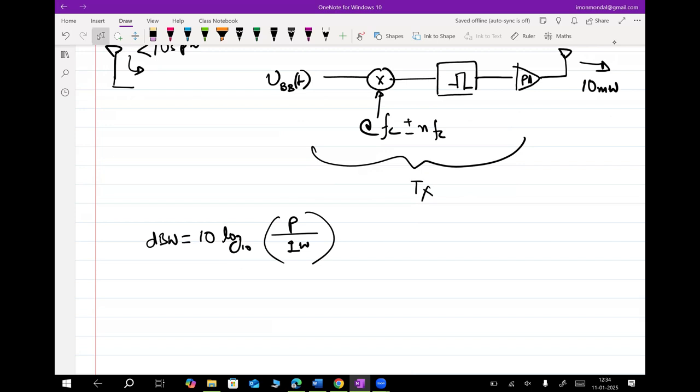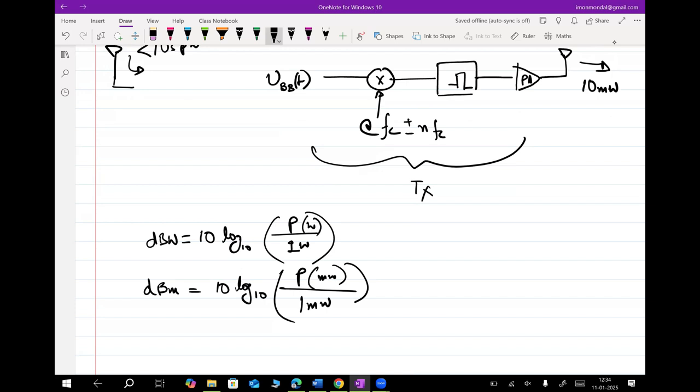The more common nomenclature used in RF is dBm, which is 10 log of P expressed in milliwatt divided by 1 milliwatt.